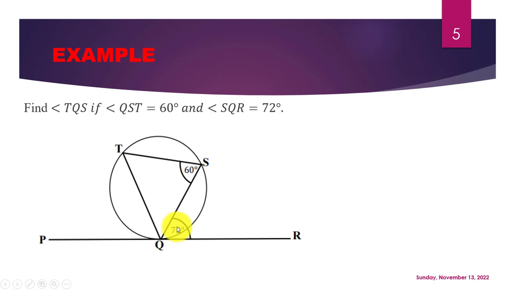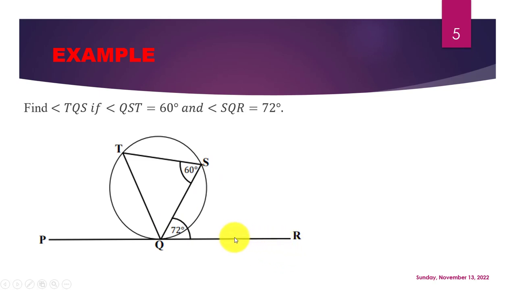Now, the same chord QS subtends an angle at the point T of the circumference. And by this theorem, we are saying that the angle formed by this chord, that is the angle QTS or angle STQ, is the same as the angle formed between the same chord and the tangent here.